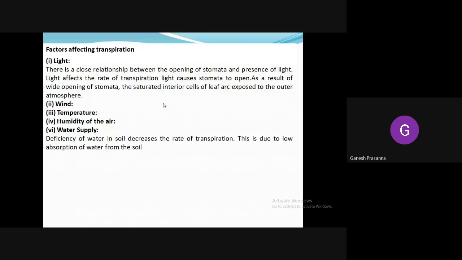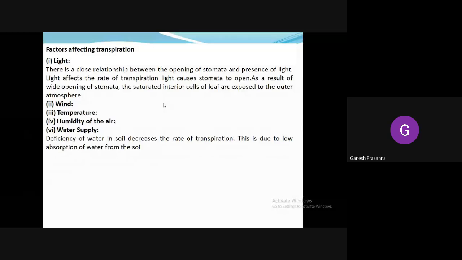The very important factors that affect transpiration: the first is light. Only during sunlight do the stomata of the leaves open, and with the opening of the stomata, the interior layers of the leaf are exposed to the outer atmosphere, wherein the wind acts on the stomata and the water is removed. Wind is also a very important factor.